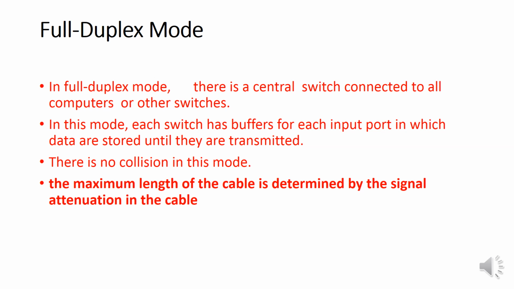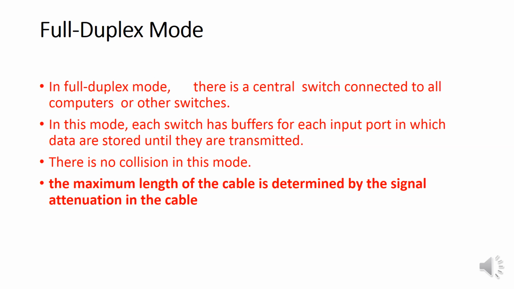It has a small amount of buffer capacity, and the switch receives the data and stores it for a temporary amount of time. After that the data will be transmitted to the proper destination. So there is no collision in this mode.